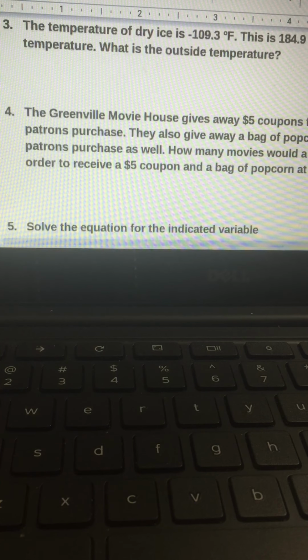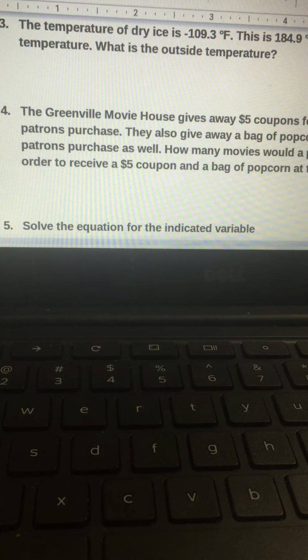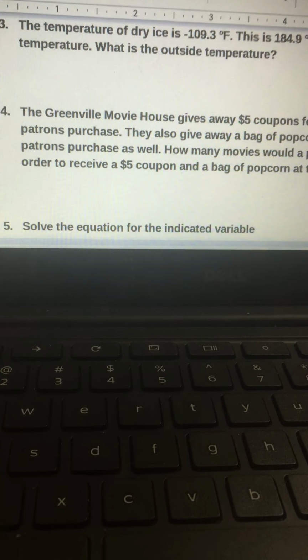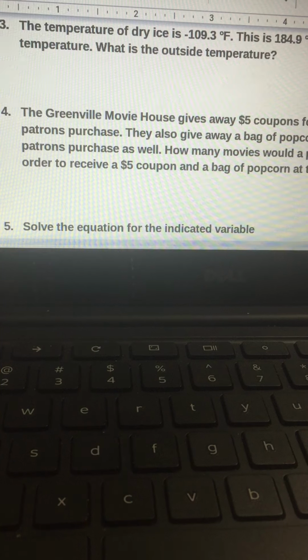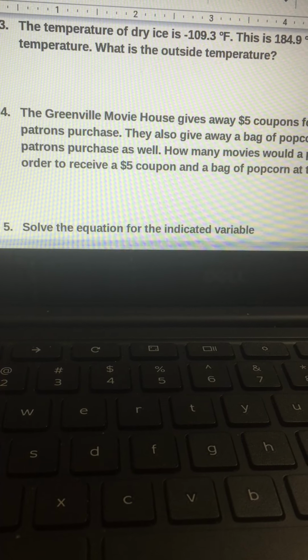All right, so our next problem is a word problem, of course, and it focuses on temperature.